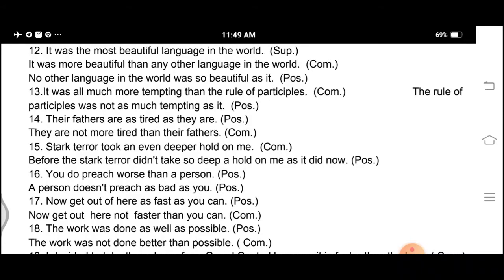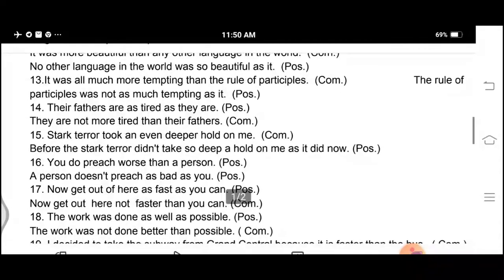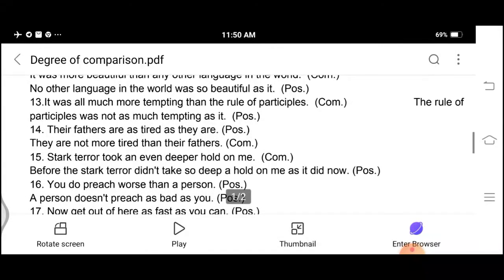Superlative, most. It was more beautiful than any other language in the world. The same structure follows at the time of changing superlative to comparative, because most became more. And if you change this superlative into positive: No other language in the world was so beautiful as it.